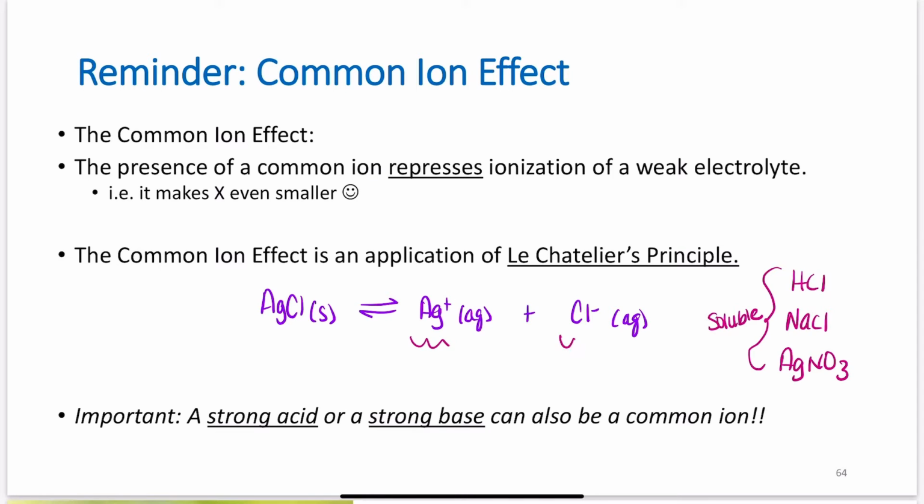But they're all going to create either more silver ions or chloride ions in solution, leading to less solubility of the silver chloride. And you need to be actively thinking about that when you're doing these examples, because they will affect our solubility.